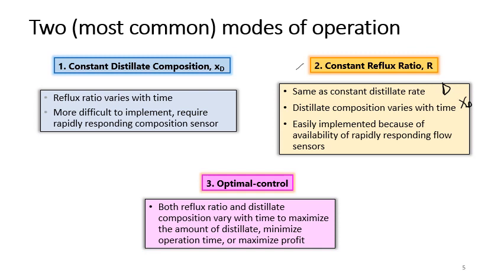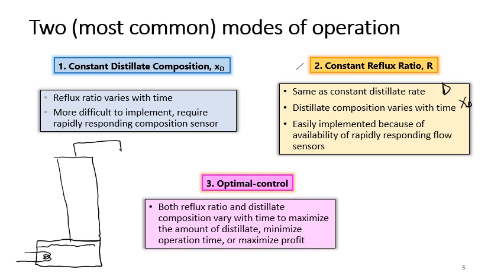Okay, let's have a look at your batch distillation column. So let's say this is your batch column. The final stage of the column is a reboiler. So you have some liquid here which you want to boil. This is your heater. This one is your condenser, this one is your reflux, this is product.